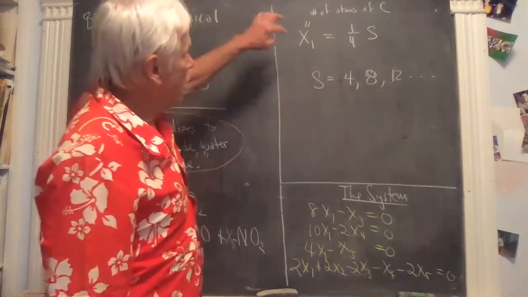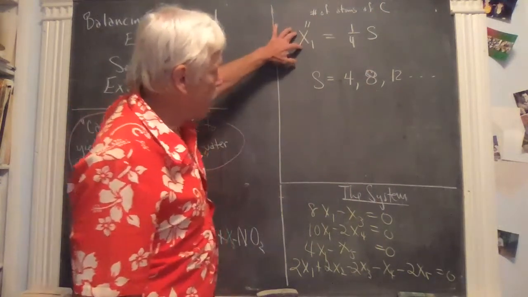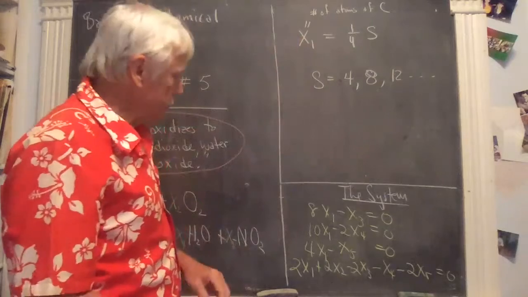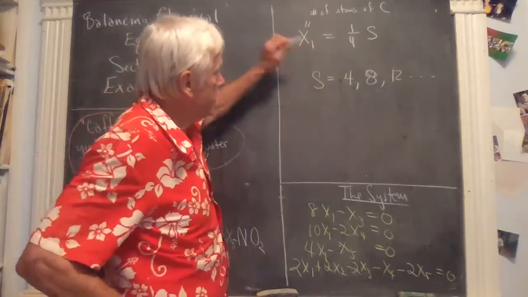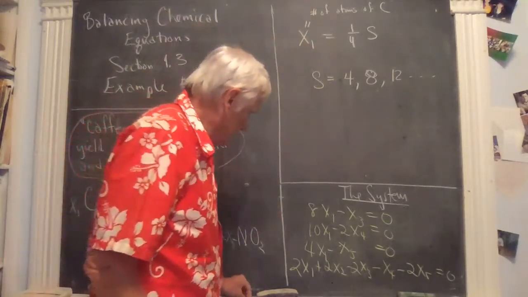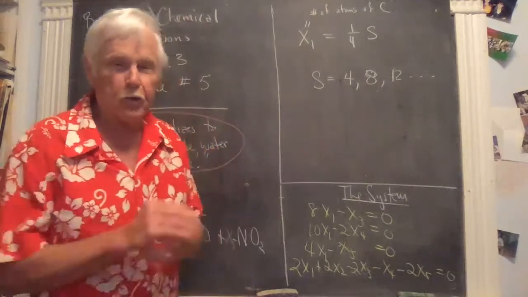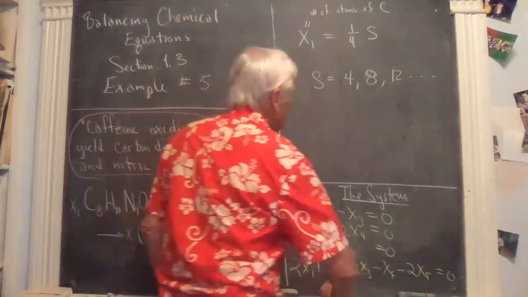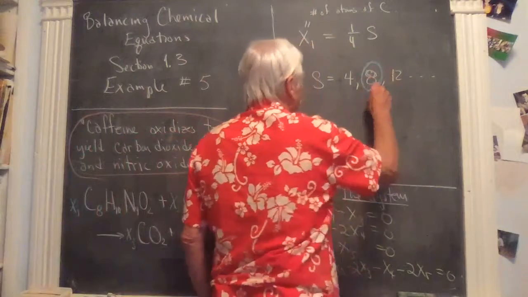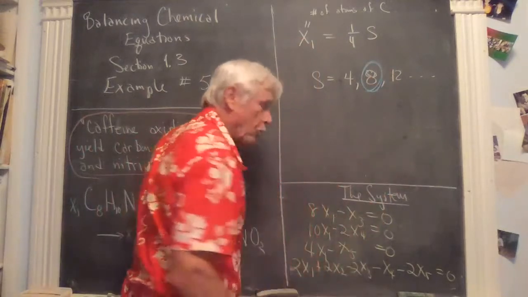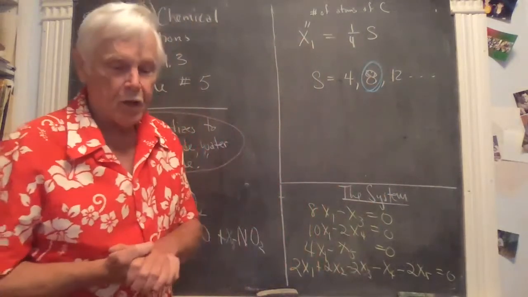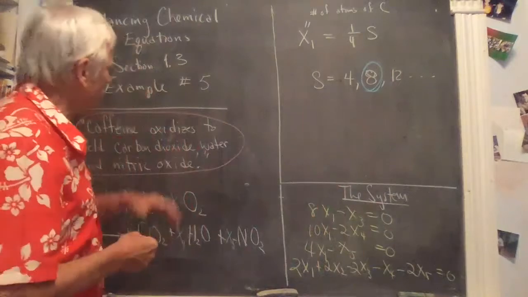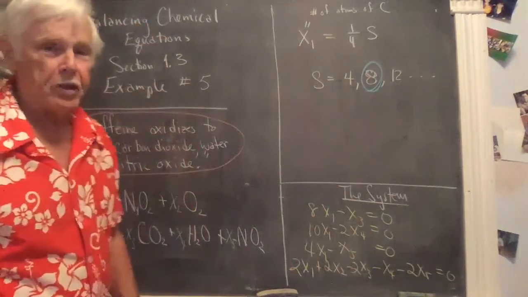Each of the variables, x1, x2, x3, x4, x5, will tell you a similar thing, and then you want the least common multiple of all those numbers. I think in this case, 8 will give a whole number of solutions for all of the variables. That's the only problem that you run into with these balancing chemical equations.